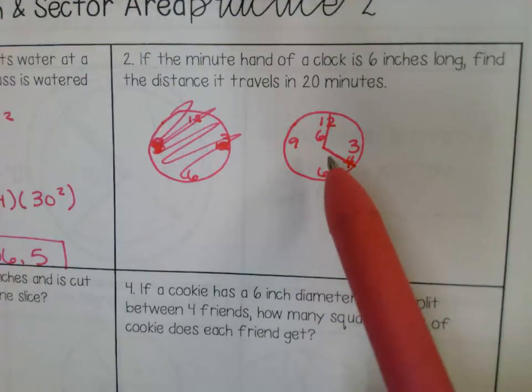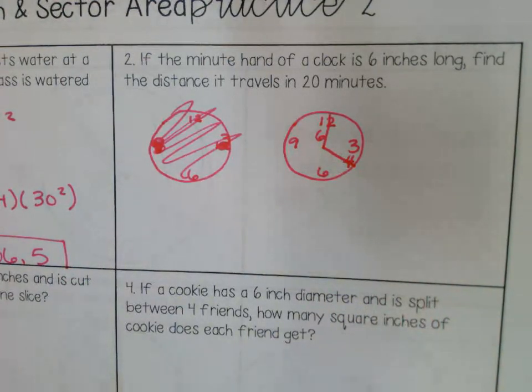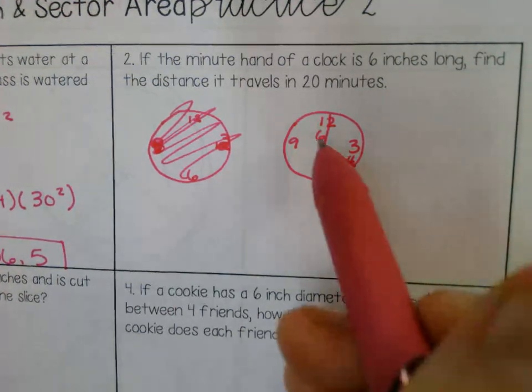So if I want to find this angle measure, you're going to do 20 over 60. Okay, that's 1/3. So 20 minutes is 1/3 of a clock. So you're going to multiply that times 360. That means that's 120 degrees. Okay, that's one way to do it.